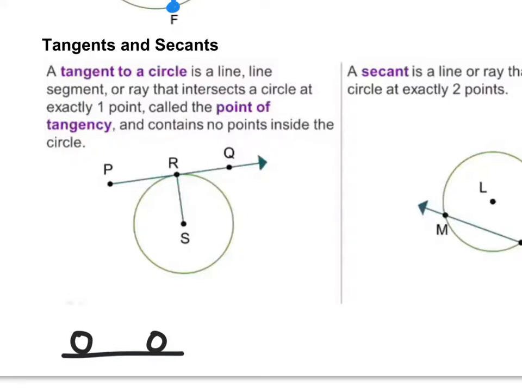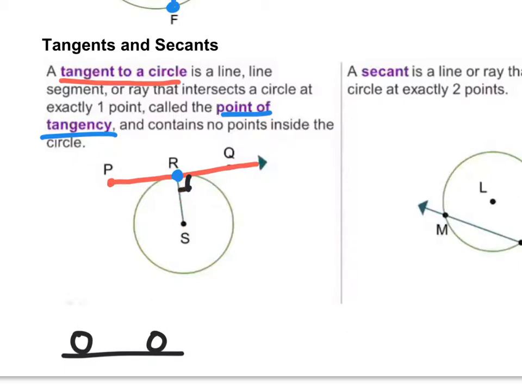So the tangent to the circle would be ray PQ, and your point of tangency would be point R. The other thing that I know about this that isn't really listed on here is that RS is perpendicular to RQ, and this is a radius.